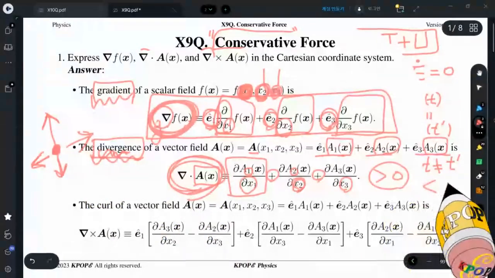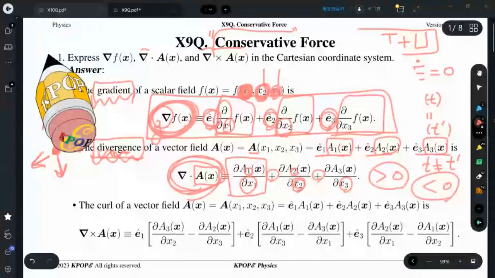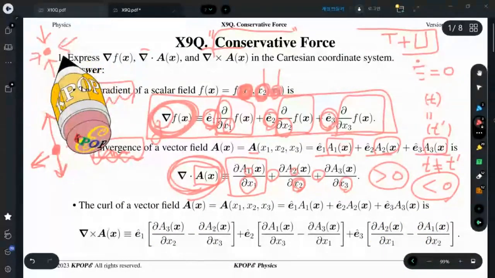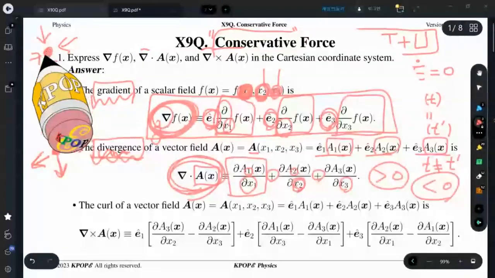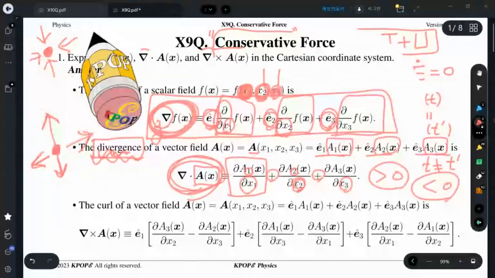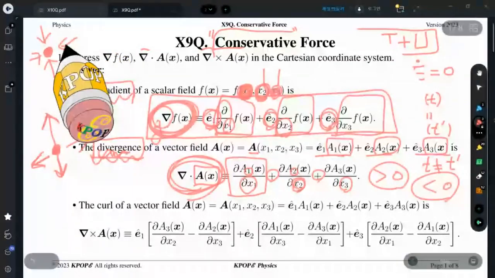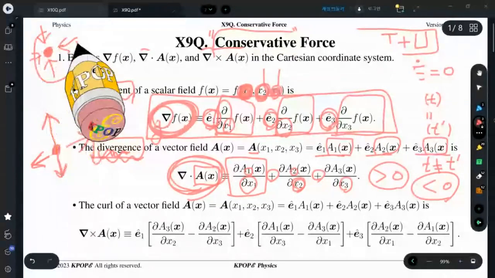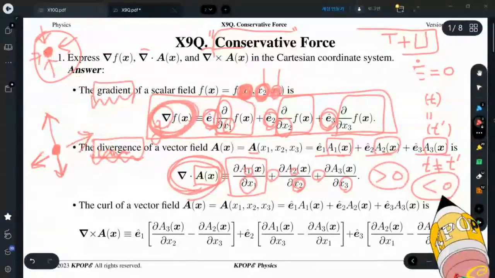If the divergence is negative, it is a sink. For example, negative charge, the electric field comes into the negative charge, we say this divergence is negative.